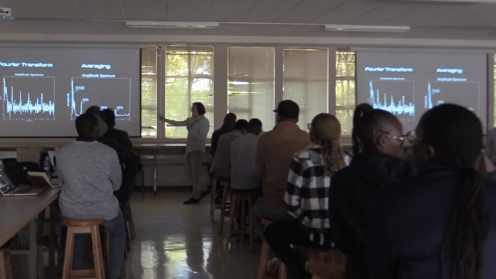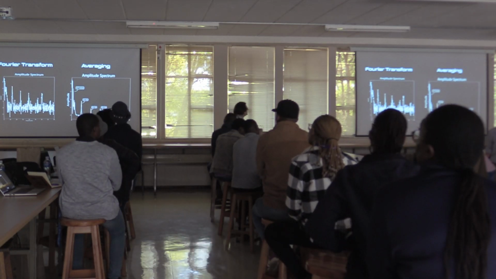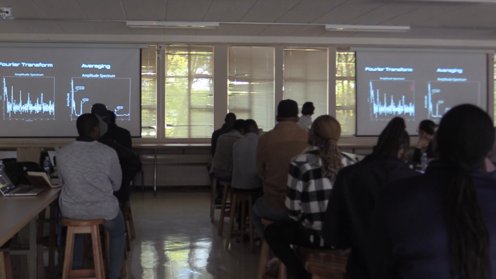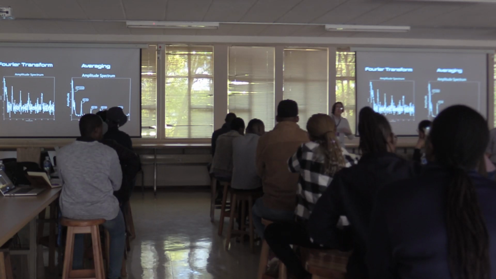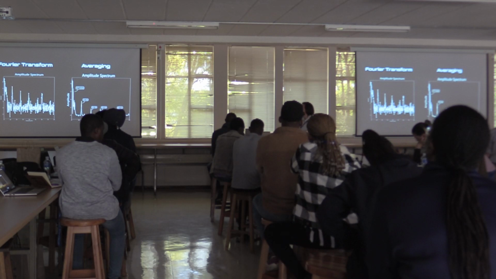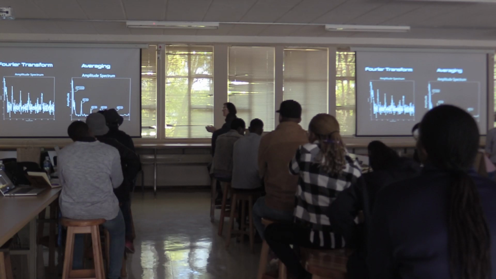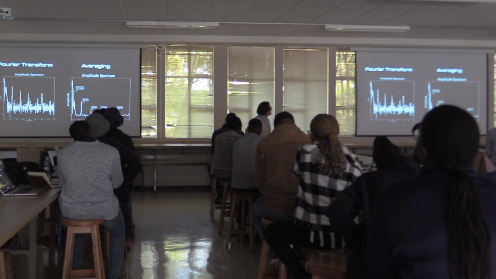Once we have our de-dispersion trials, for each of them we de-disperse the time series, and then we apply a Fourier transform. Hopefully you have learned about Fourier transforms before, but in broad terms, what this does is decompose the signal into a sum of sines and cosines with different phases and amplitudes.